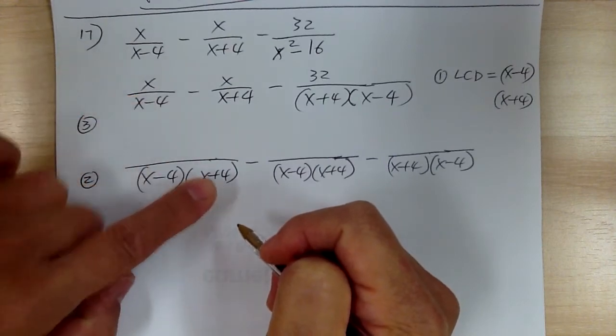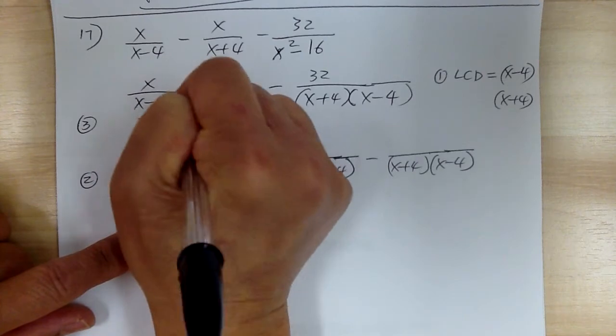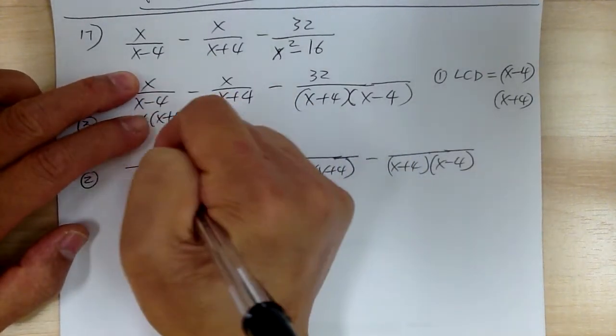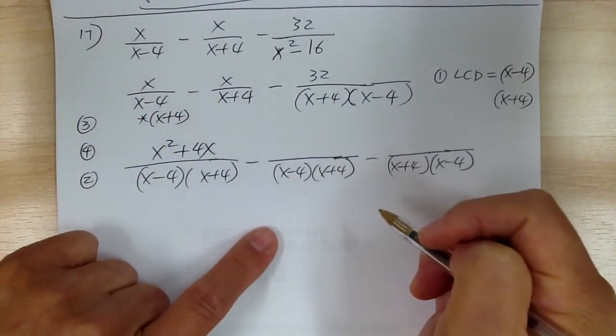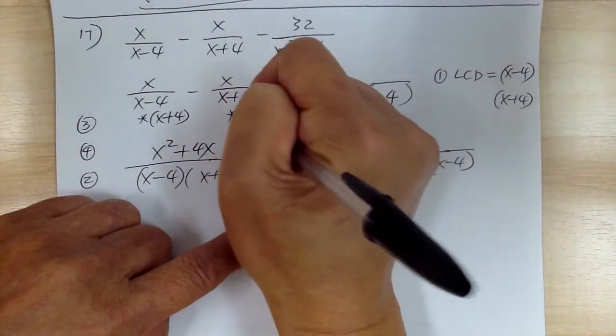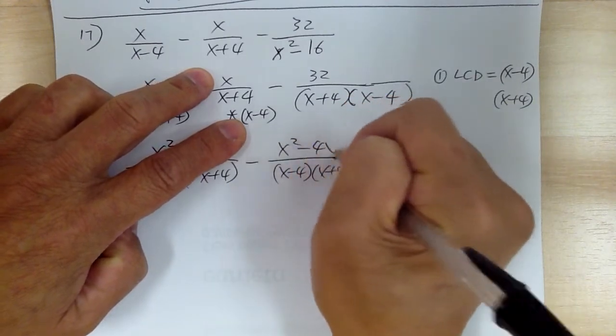From here to here, you're missing the x plus 4, so that's what you need to multiply. So step 4, you need to go and multiply it together, so you get x squared plus 4x. Okay, now go to the second term. From here to here, you're missing the x minus 4. So when you multiply, you get x squared minus 4x.